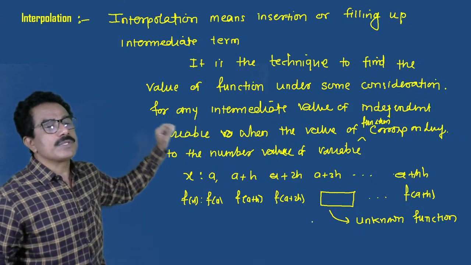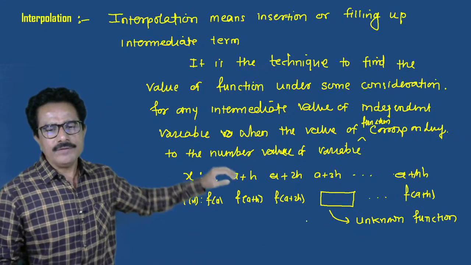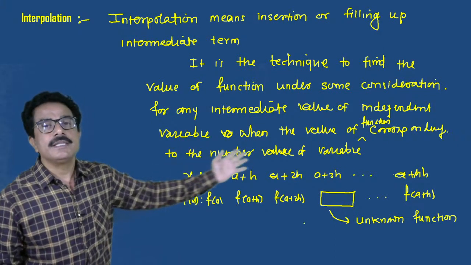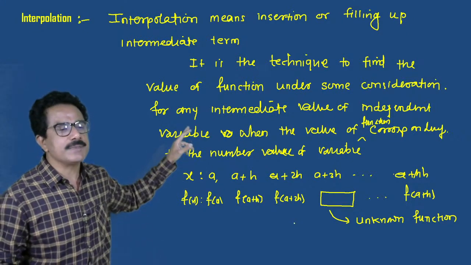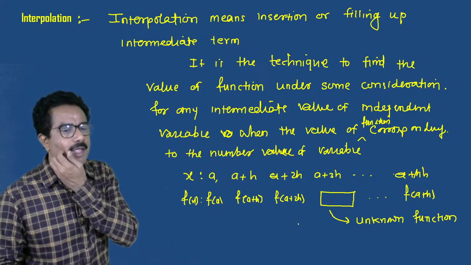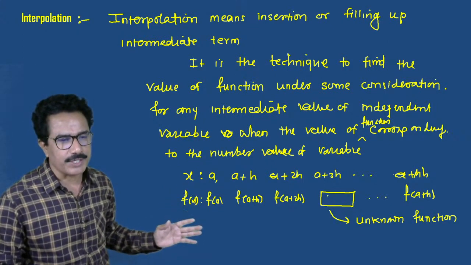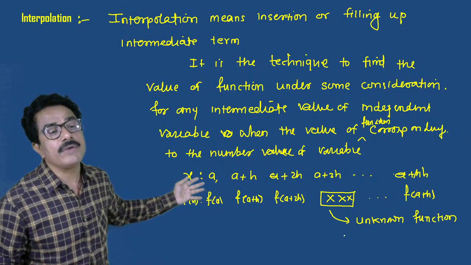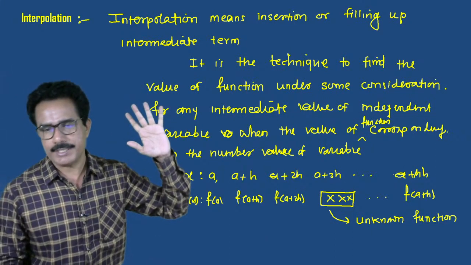So the process of finding the unknown function value, which is intermediate in the given range from f of a to f of a plus h, is called the process of interpolation.